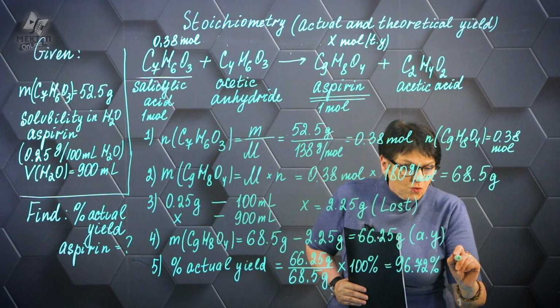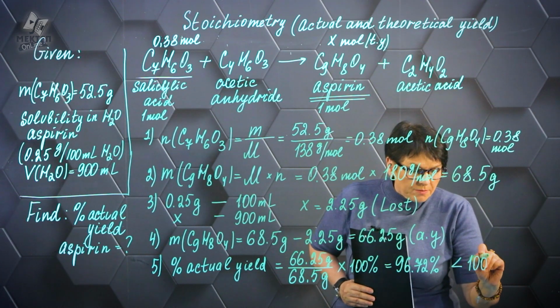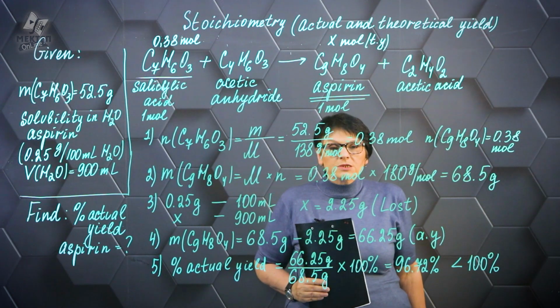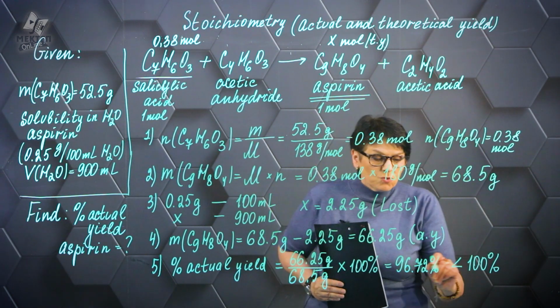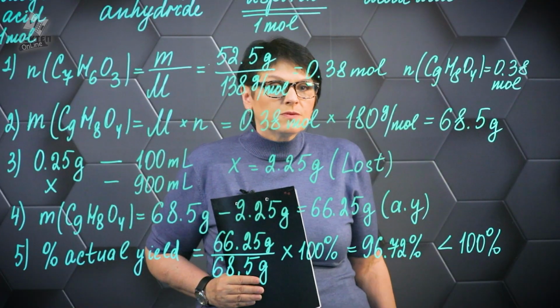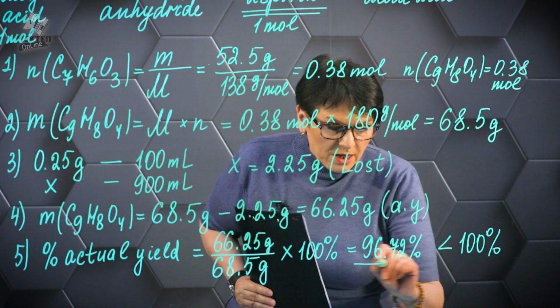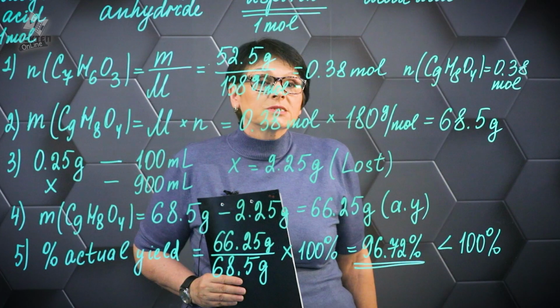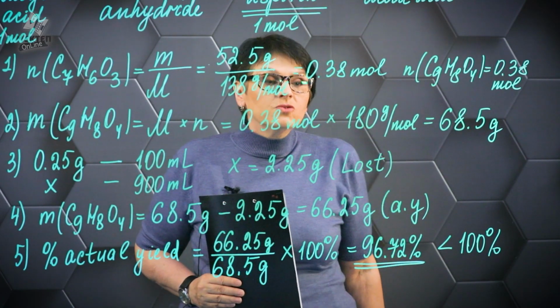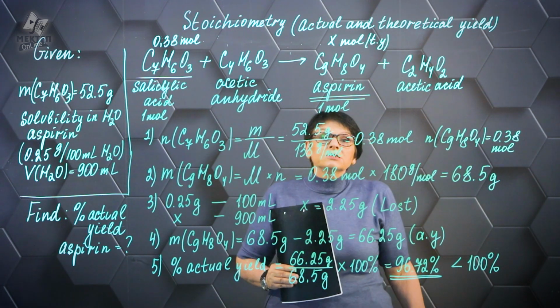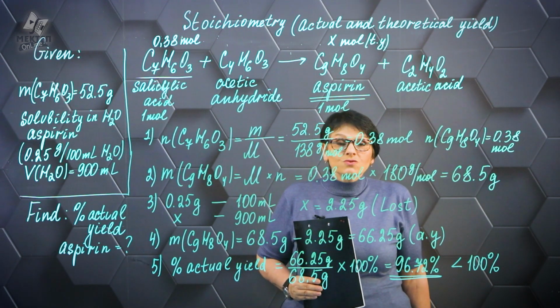It must always be less than 100%, otherwise the calculation was obviously made with an error. Therefore, as a check, you should see that your practical yield is always less than 100%. So according to the condition of our aspirin task, 96.72% will be obtained.